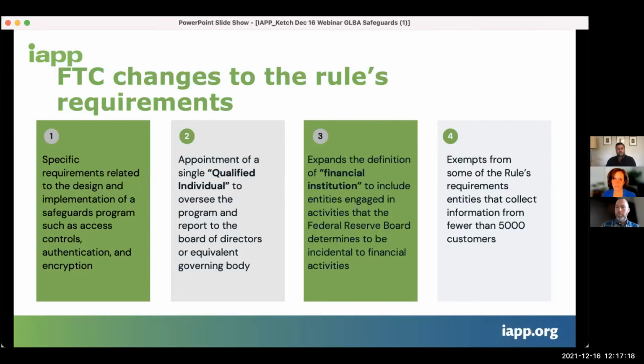While it is really a change for the practitioners here, I think it is an improvement in the rule, even though it is largely a technical change.